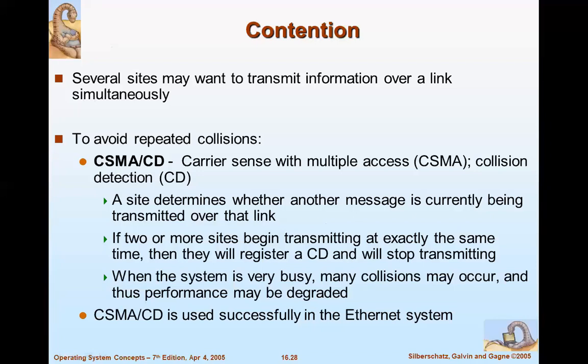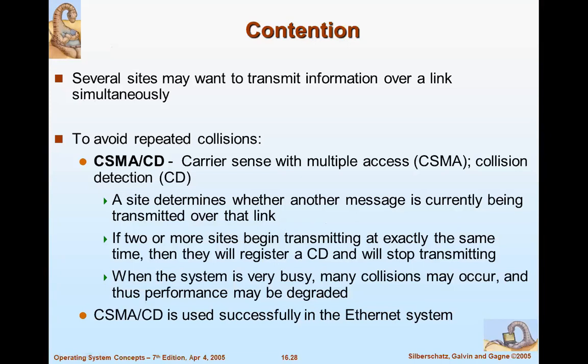If there is any transmission on the link, then there is a maximum possibility that the packet being sent will collide with the existing packet on the link, and there will be no data delivery to the destination node. If two or more sites begin transmitting at exactly the same time, then they will register a CD, that is collision detection, and will stop transmitting.